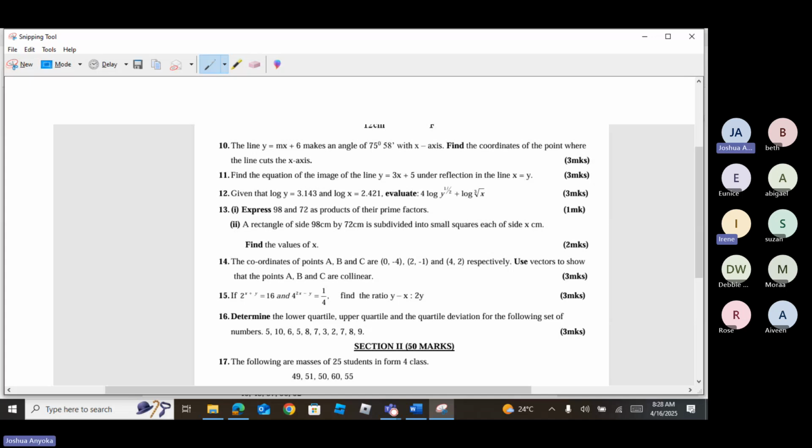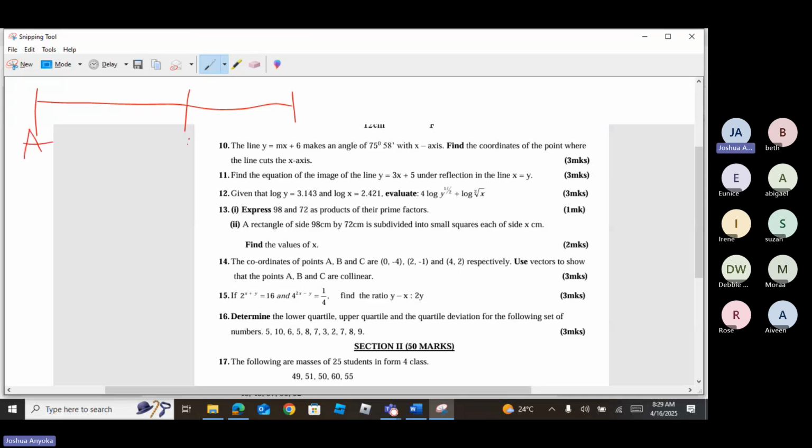The coordinates of points A, B, and C are (0, -4), (2, -1), and (4, 2) respectively. Use vectors to show that the points A, B, and C are collinear. Good. When we say the points are collinear, it means they lie on a straight line.